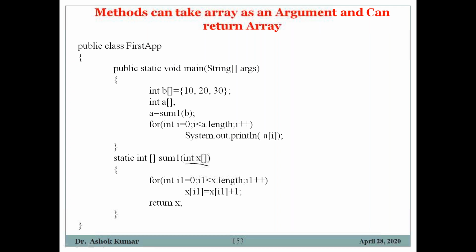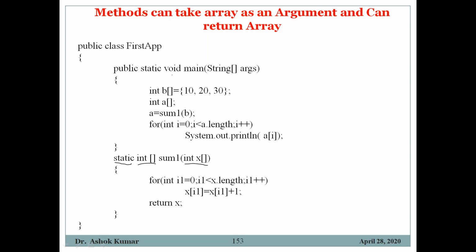Either you can put the brackets after int as we discussed earlier, or after the array name. Both are valid. And this is the return type: int with square brackets indicates that the sum function is returning an array. This we have already discussed.